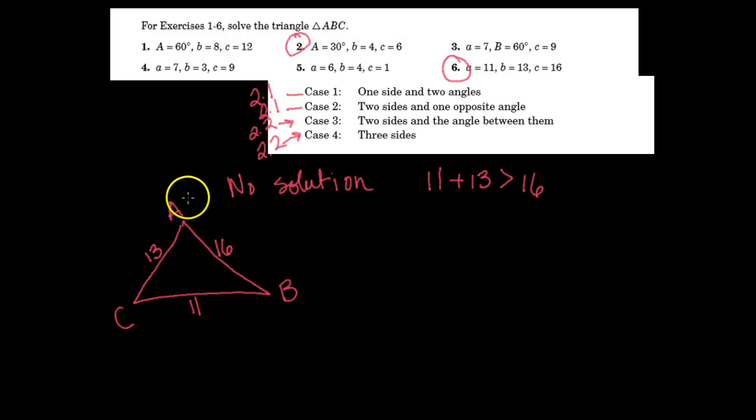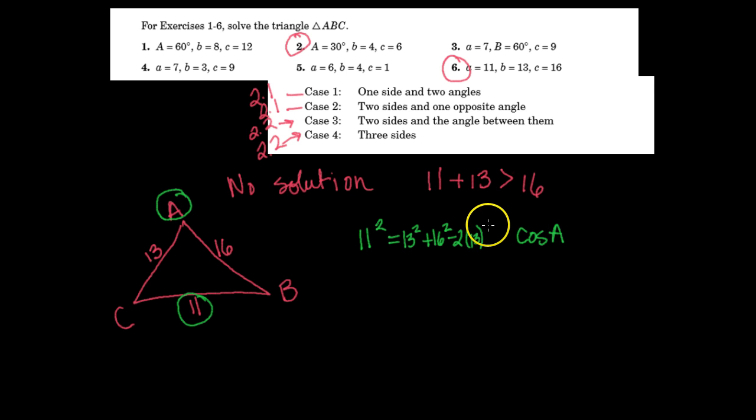So if we are going to find angle A, that means I'm dealing with cosine of A, and I'm dealing with 11, and I'm going to square it. So it's 11 squared. Then you square the other 2 sides. So 13 squared plus 16 squared minus 2 times 13 times 16 times cosine of A, which is our unknown.